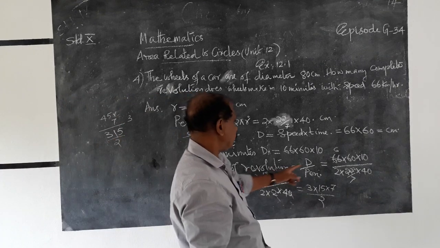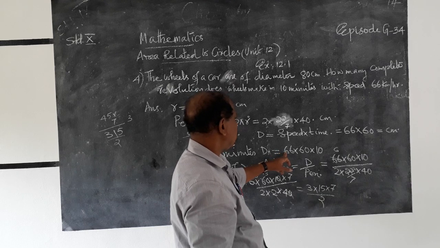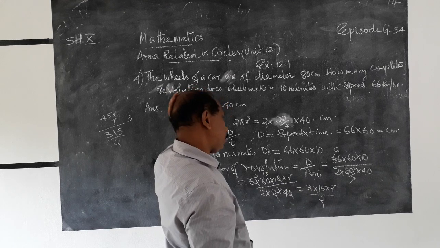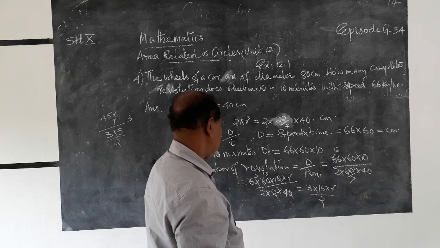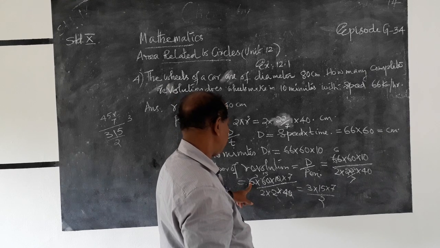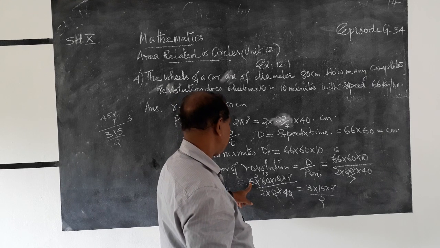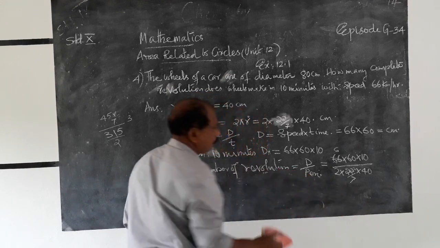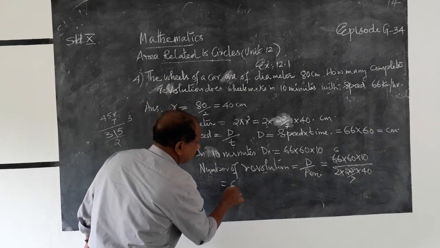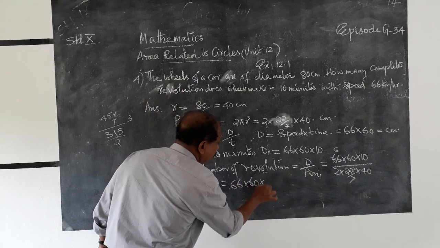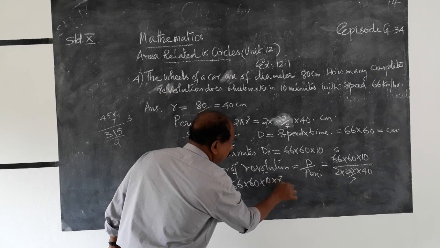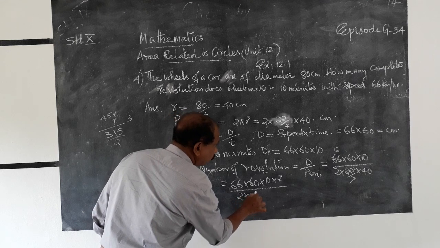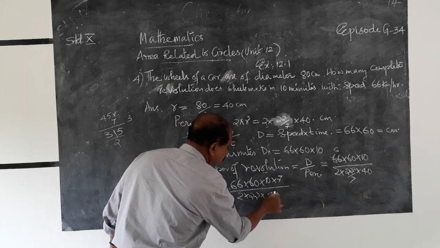That is the number of revolutions: distance, that is 66 into 60 into 10, divided by 2 into 22 by 7 into 40. That is 66 into 60 into 10 into 7 by 2 into 22 into 40. Then 0, 0 cancel.